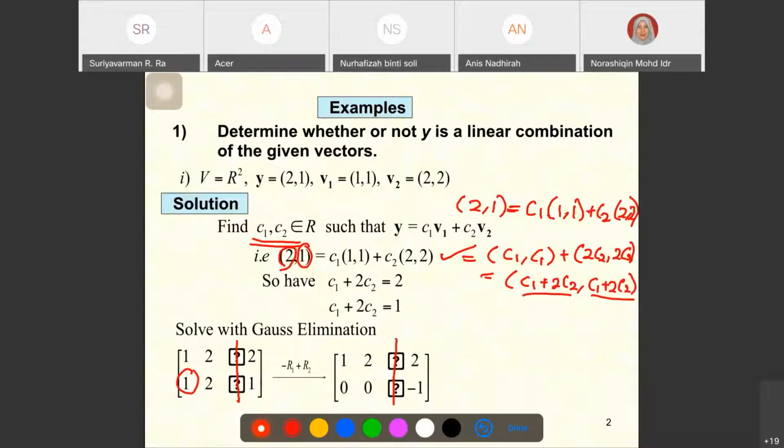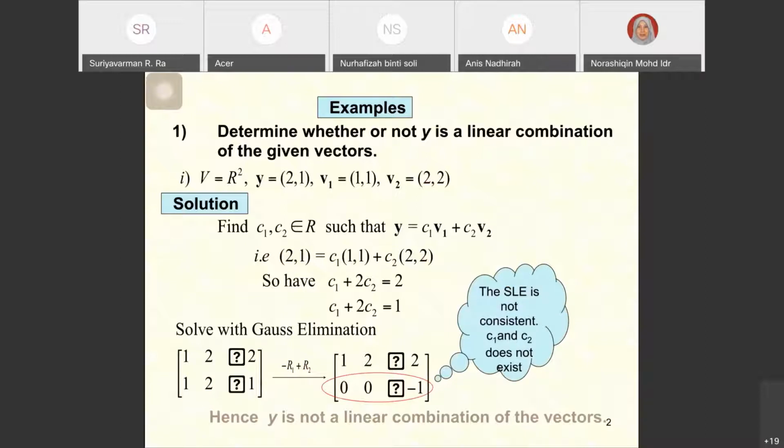Because 0, 0 equal to negative 1 is not valid. So it is not consistent. C1 and C2 do not exist. Hence, y is not a linear combination of the vectors.